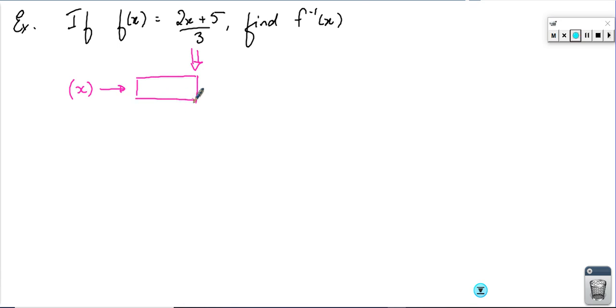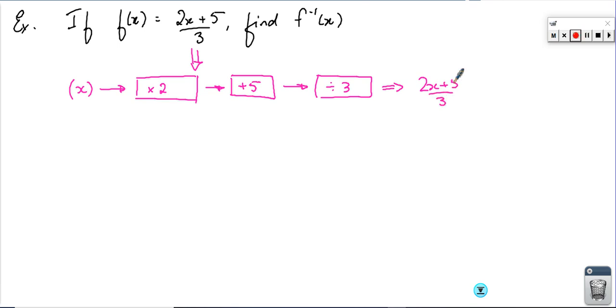We are multiplying by 2, adding 5, and then dividing everything by 3. So it's times 2, plus 5, then divide by 3. That is our function, (2x plus 5) over 3.